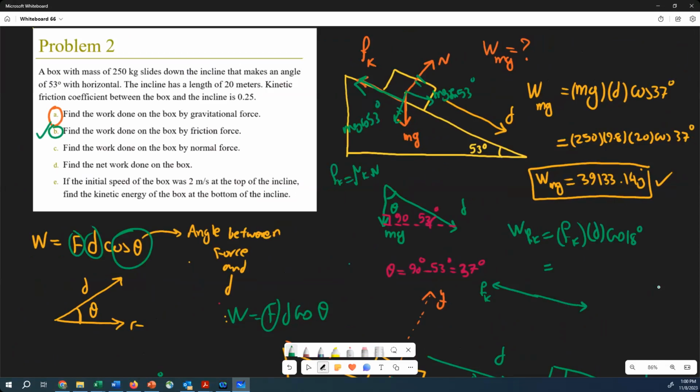So W_FK is going to be mu K N d cosine 180, which is mu K times mg cosine 53 times d times cosine 180.